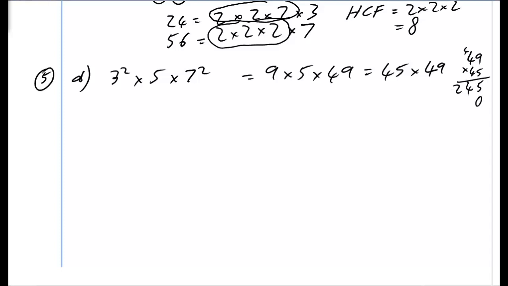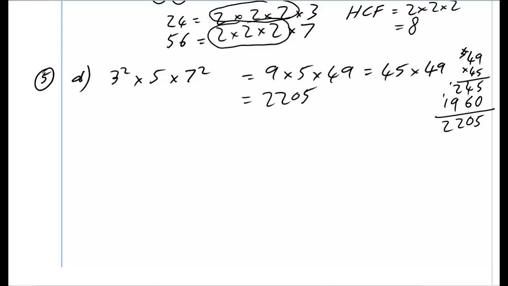Put a 0. 4 nines are 36, carry the 3. 4 fours are 16, plus 3 is 19. So it will be 2,205. Now let me just double check my multiplication by using a calculator.